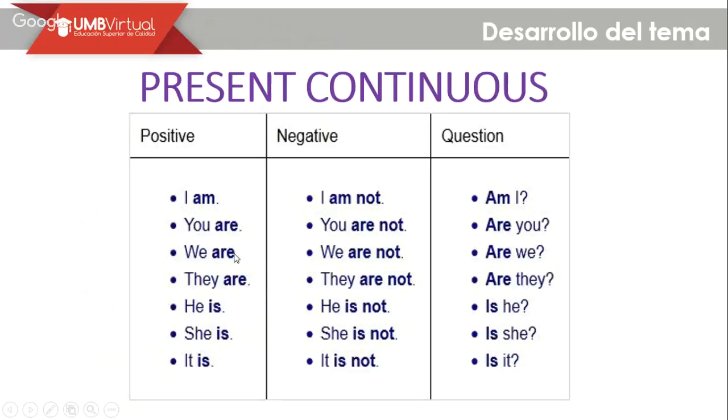So we are working, for instance, we're studying, we are playing the piano. Then we say he's not smoking, he's not doing homework, he's not working. Is she dancing? Is she listening to music? Is she going to the doctor?